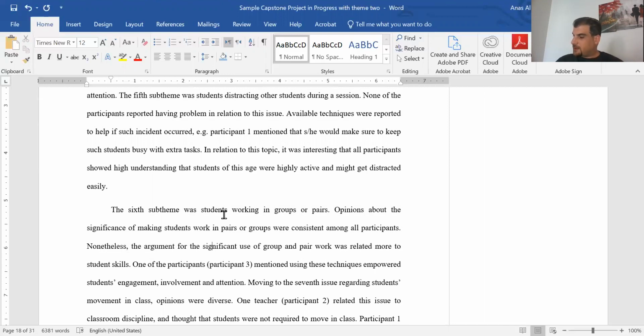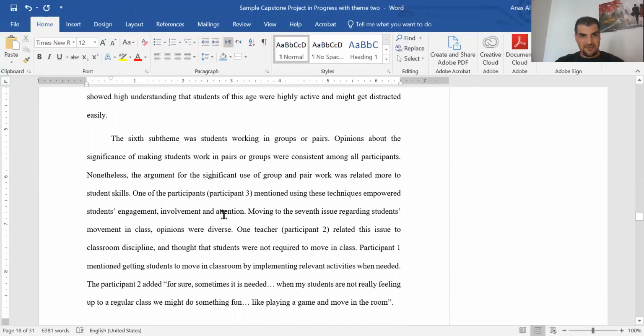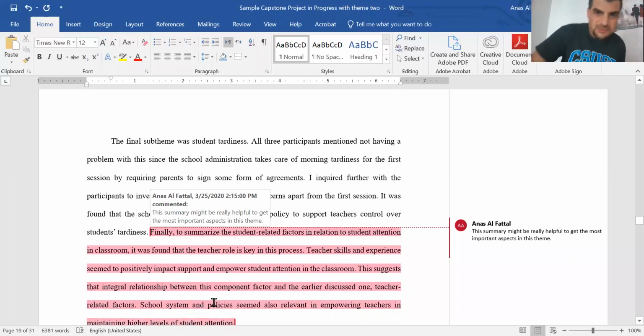So eye contact and working in groups, these are the most important two factors. The seventh is students' movement in class. Opinions were diverse. So maybe this is not a very important one. The final sub-theme, all the participants mentioned that they did not have a problem with this, distracting and tardiness.